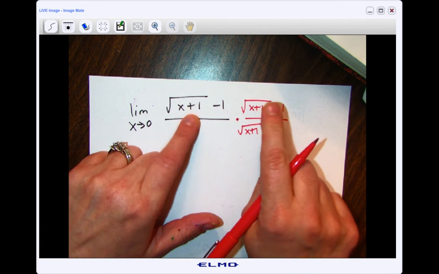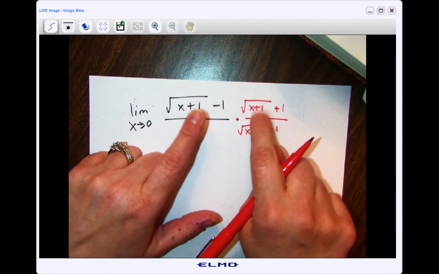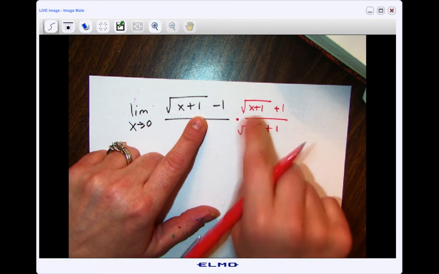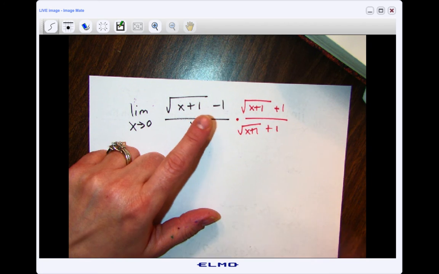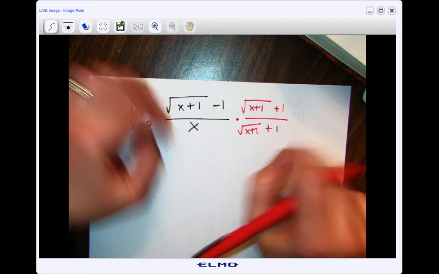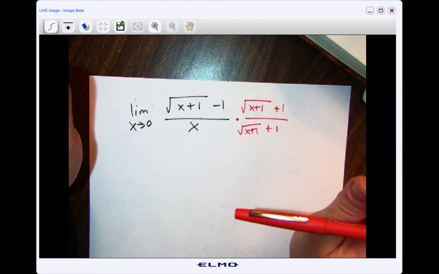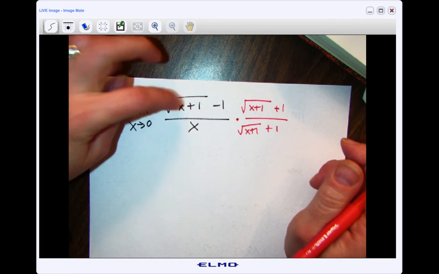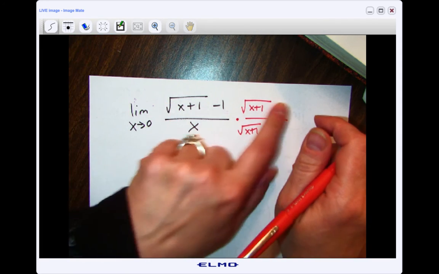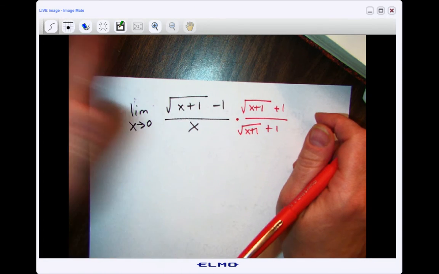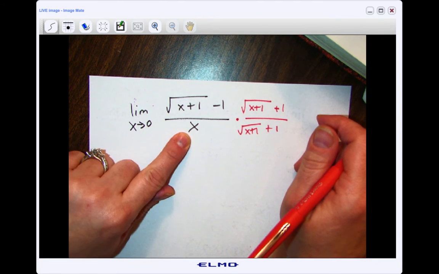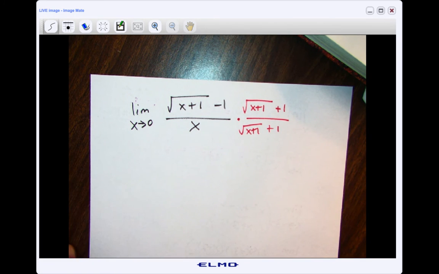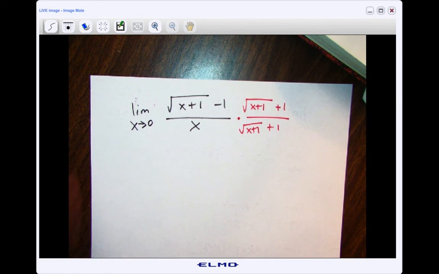Because everybody knows when you multiply a sum and a difference of the same things, you're going to get a difference of squares, right? And so I'm going to get that difference of squares. That middle term is going to drop out and I'll have no radicals left on the top. I will have radicals on the bottom, but the point is I need to get an x out here. So on the top, I'm trying to get x multiplied with something so that I can cancel it with x multiplied with something on the bottom. Okay, so that's really my goal here, and hopefully I'll be able to accomplish that.